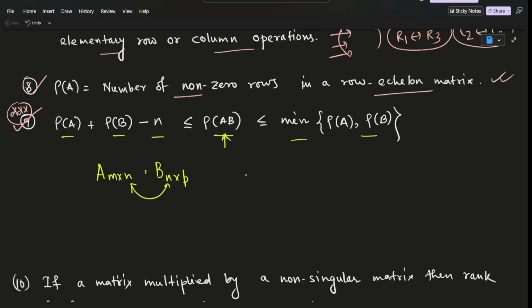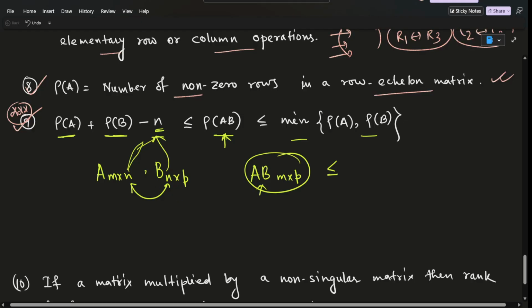So if we multiply AB, the order of AB is m by p, right? And this n is the number of columns of A and the number of rows of B. So rank of A plus rank of B minus n is less than or equal to rank of AB, which is less than or equal to the minimum of rank of A and rank of B. This is valid for all matrices A and B, including rectangular matrices.